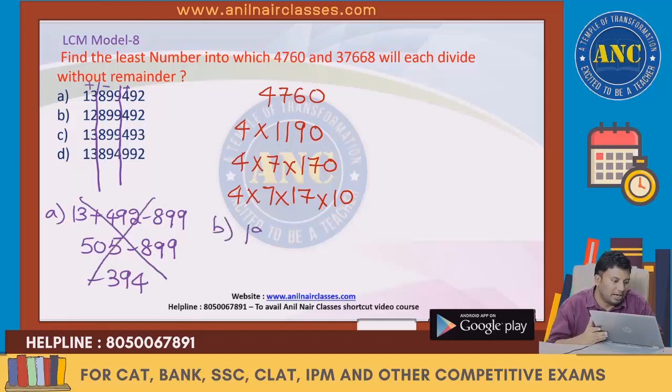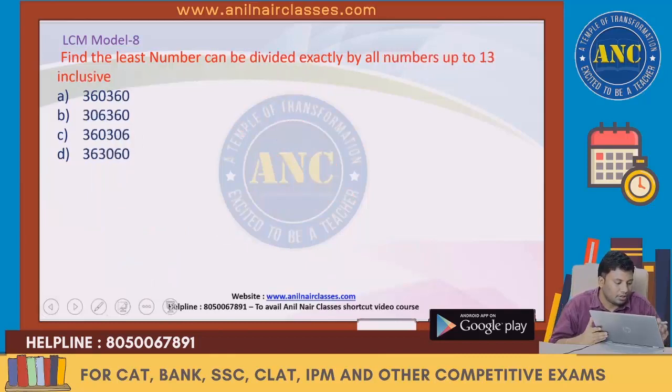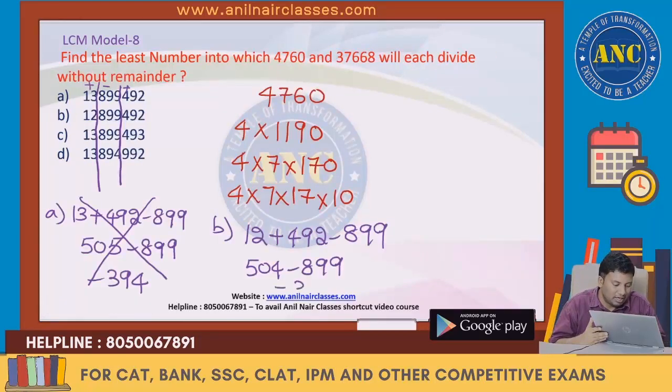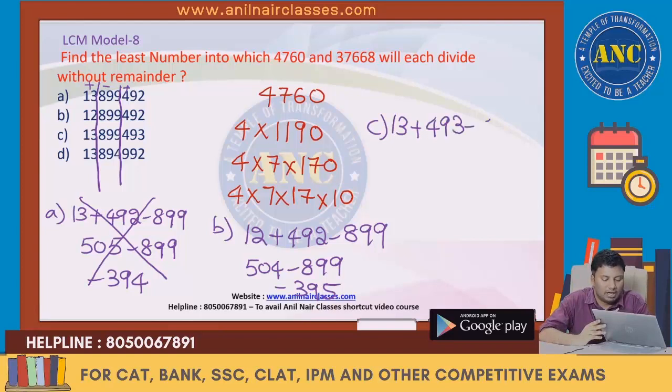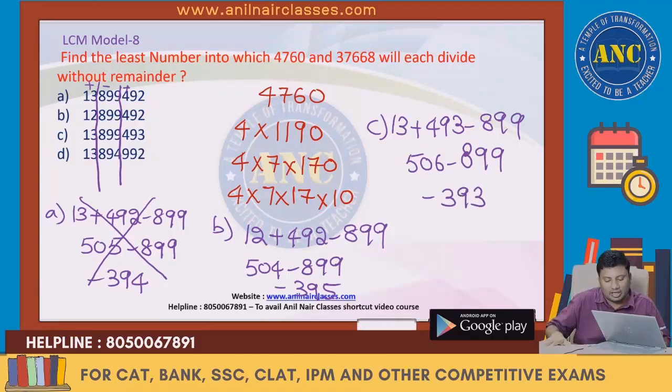Don't fear by looking at the question. 12 plus 492 minus 899, which is 504 minus 899, which is minus 395. I hope it is clear. 7 5s are 35, 45. Not possible. See, 13 plus 493 minus 899, which is 506 minus 899, which is 393. 7 5s are 35, 43.